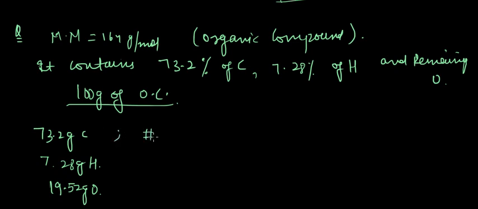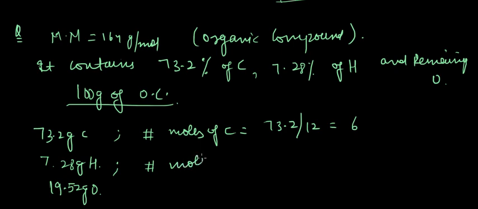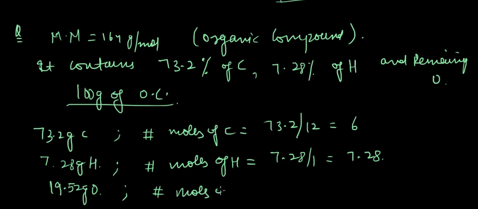So number of moles of carbon would be 73.2 over 12, which gives us 6.1. Similarly, number of moles of hydrogen would be 7.28 over 1, which is 7.28 itself, and number of moles of oxygen would be 19.52 over 16, which is 1.22.